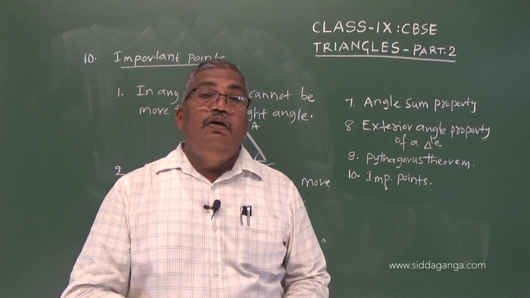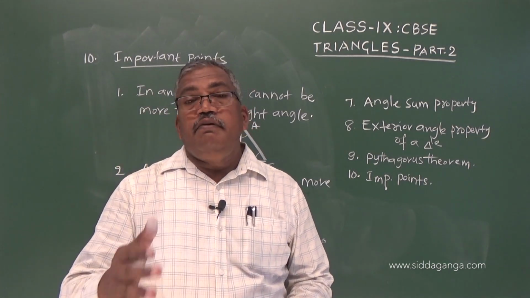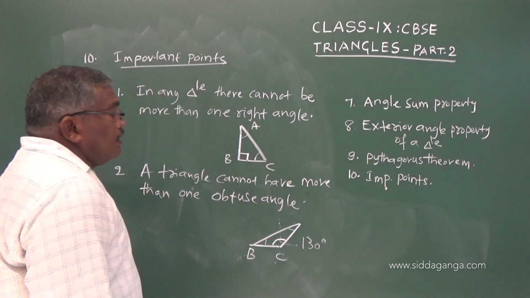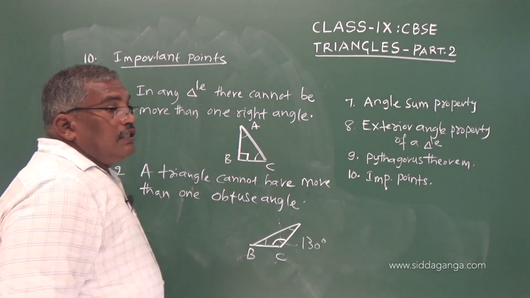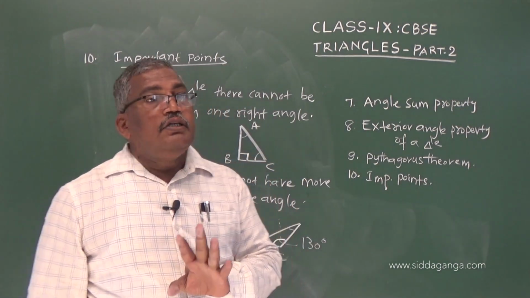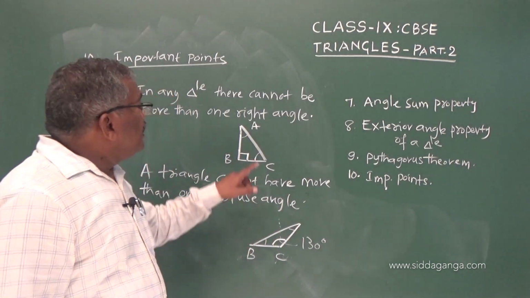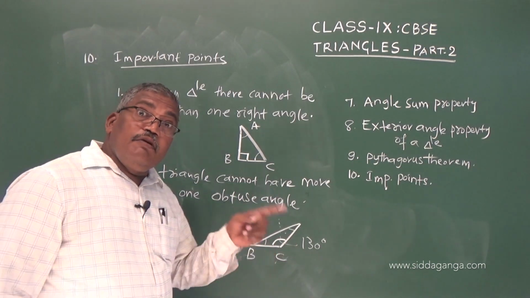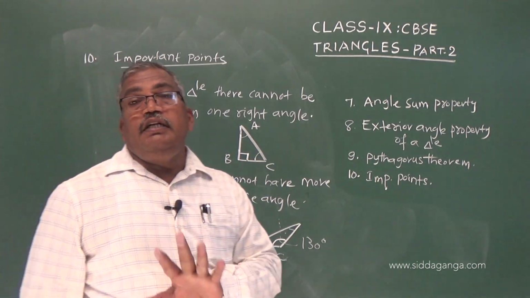It is also an acute angle. So, 60, 40, 80. In any triangle there may be three acute angles.